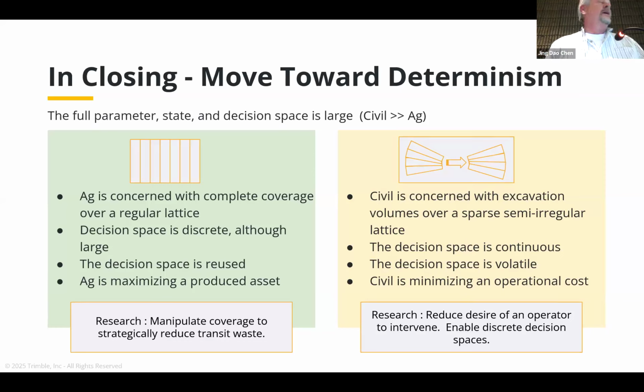On the civil side, what you want to do is reduce the desire for an operator to intervene. That's where you get continuous decision space. If you can reduce that, and we're seeing that in autonomous compaction as well as excavation. We protect against undercut and we allow the operator to execute his task, although we guide the bucket to grade.